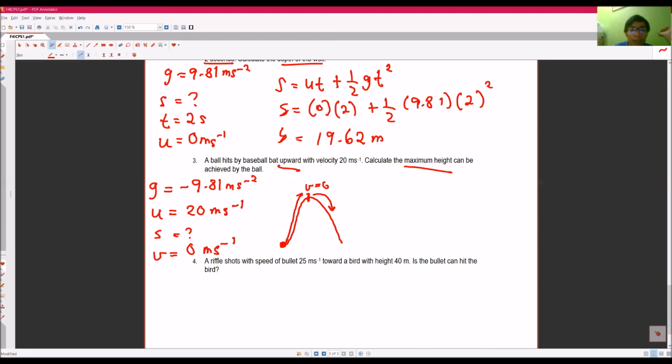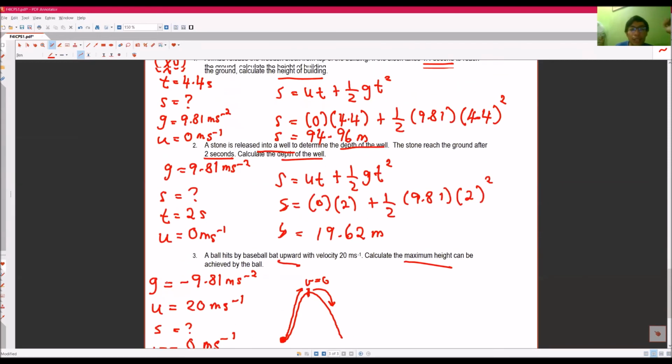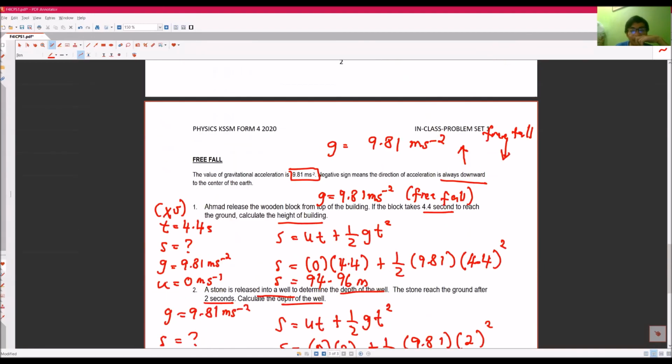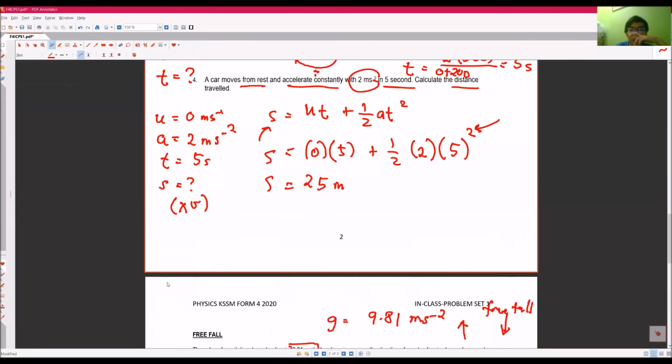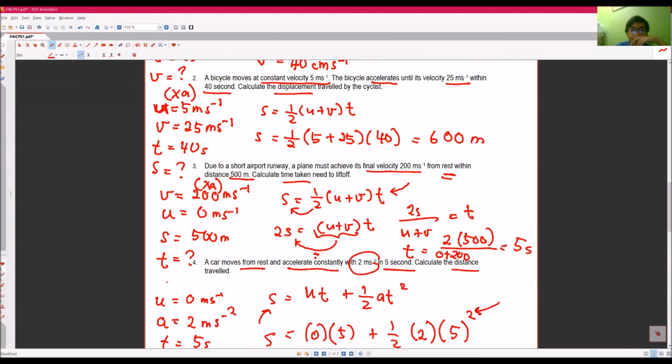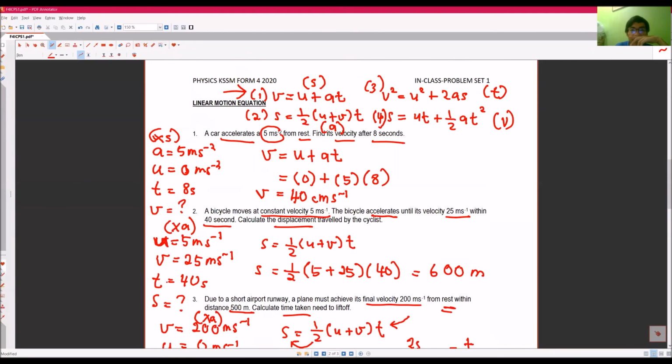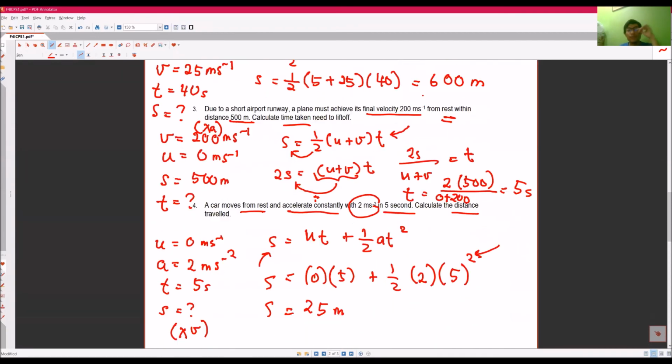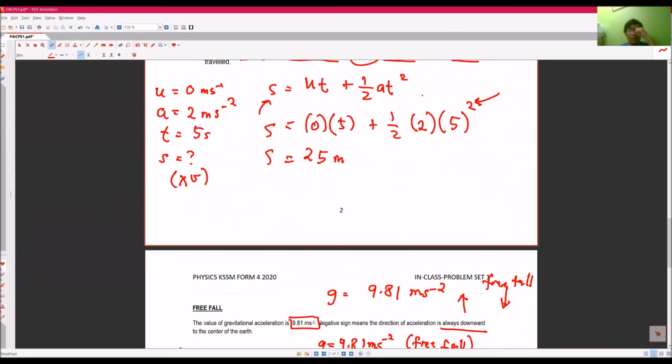Okay, in this case, we don't have time. So let's see which equation we should use. I think equation number 3. Yes, equation number 3. We use equation number 3, replace a with g.